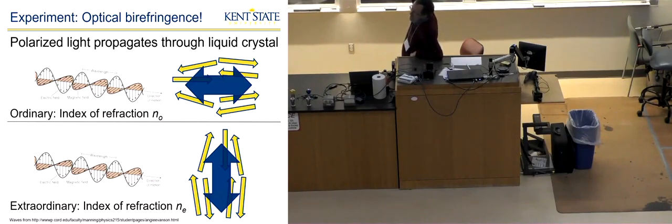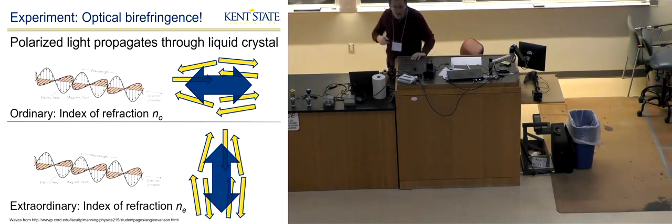So you get a bigger electrostatic polarization in this case than in the other. That means you have a different dielectric constant for the polarized light, and a different dielectric constant means a different index of refraction for the light.